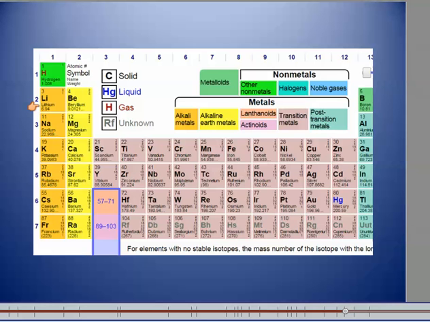What does that tell me? I found it on the periodic table, but what good is that doing me? What am I pulling from that table that I'm going to need to know?